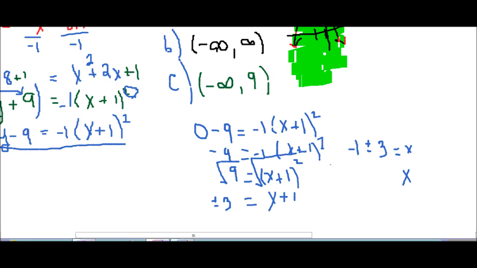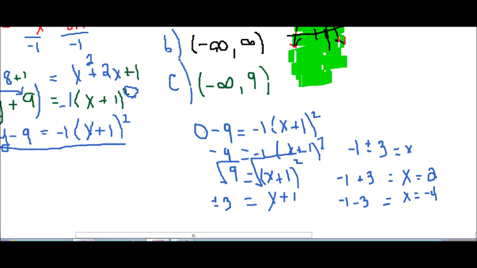My two x values are -1 plus 3 and -1 minus 3. Everyone always seems to think it's plus or minus 2. The -1 needs to go in the front so you see your two values. So this gives me an x value of 2, and this gives me an x value of -4.